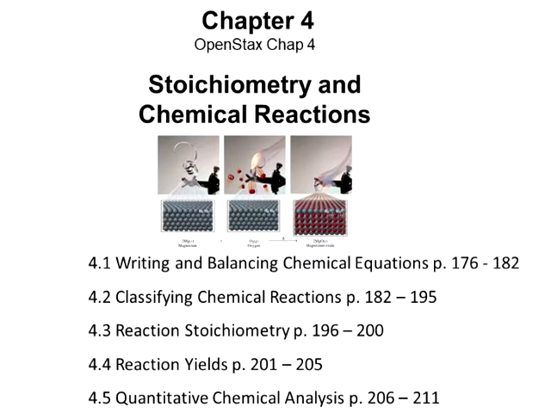We will cover writing and balancing chemical equations, classification of chemical reactions, reaction stoichiometry. We will also look at reaction yields and quantitative chemical analysis. These topics will be covered, however, they might not be covered in this order.